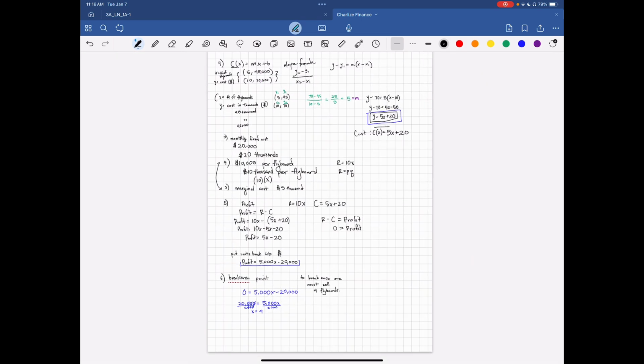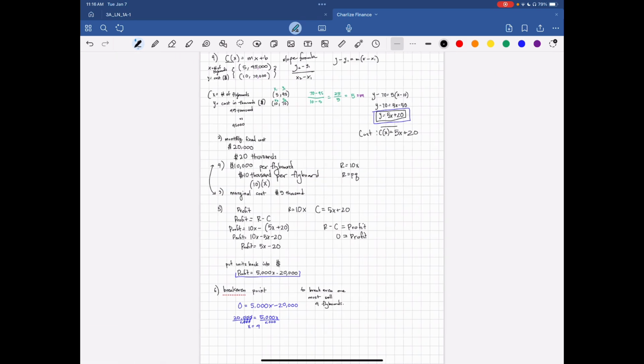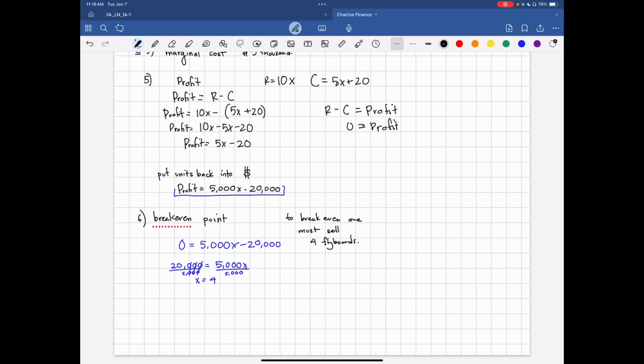And just as a representation of what this looks like, you're graphing here when y goes to 0.